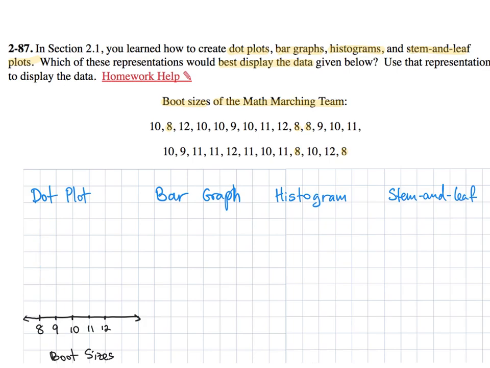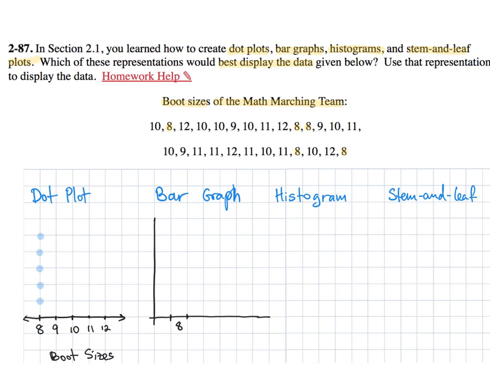Okay, bar graph. For a bar graph, I'm going to draw both horizontal and vertical number lines. I'm going to label what sizes I'm counting. From here to here, it will be size 8.